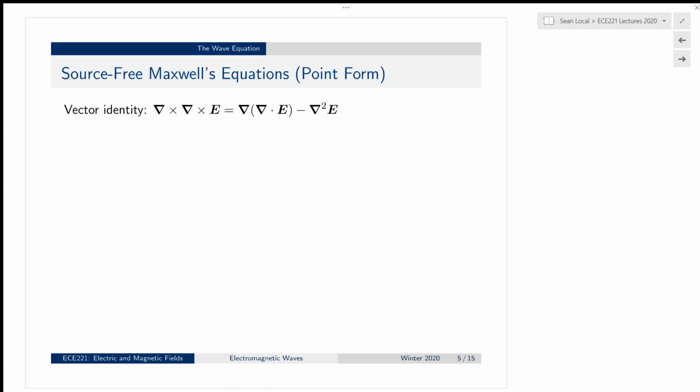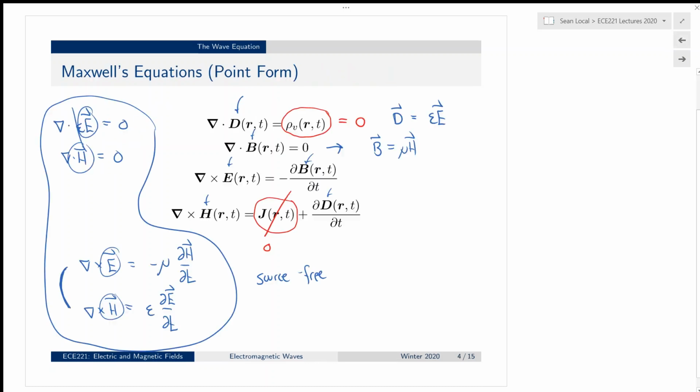So let's apply that to our curl E equation from the previous slide. Let's take the curl of E. From the previous slide, we know what the curl of E is. If we go back here, curl of E is minus mu times dH by dt.